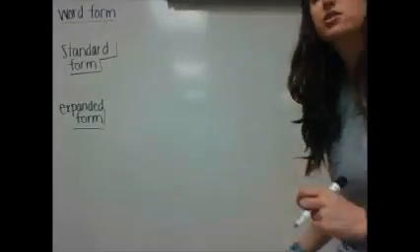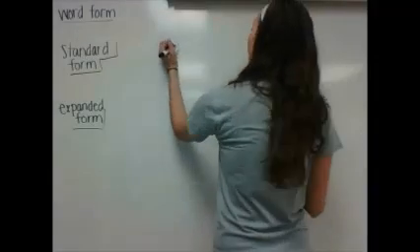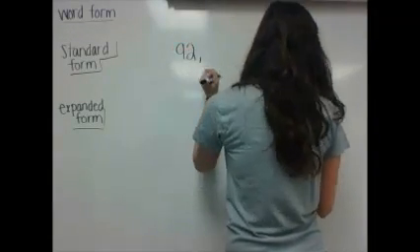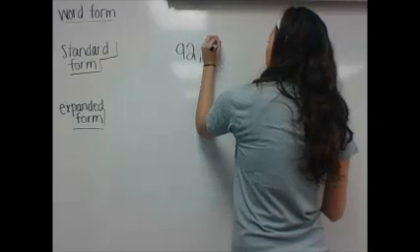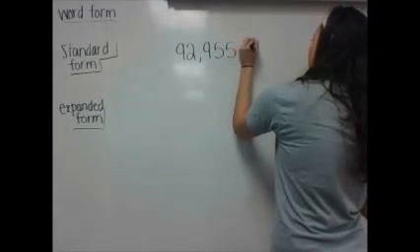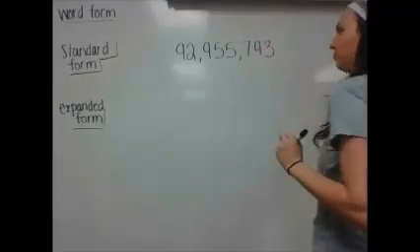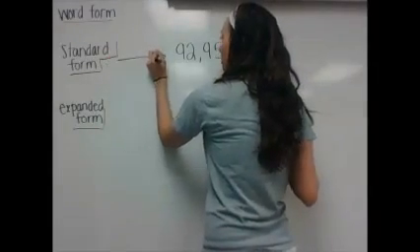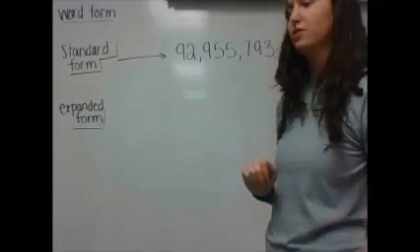So here we go. Here's another example. We're going to make it kind of difficult. Let's do this number. All right. Now this is already in standard form, so I'll just draw my arrow because that's already standard form.